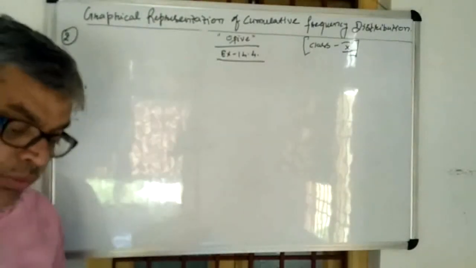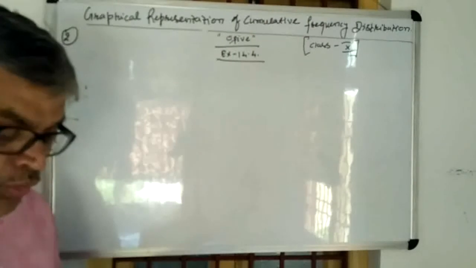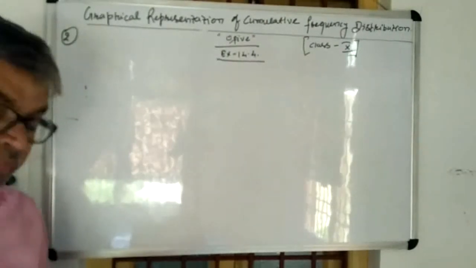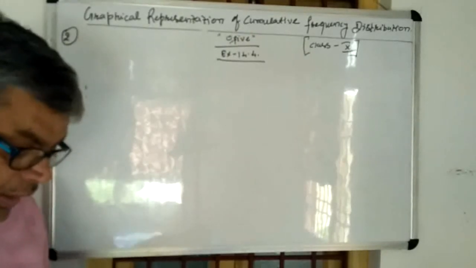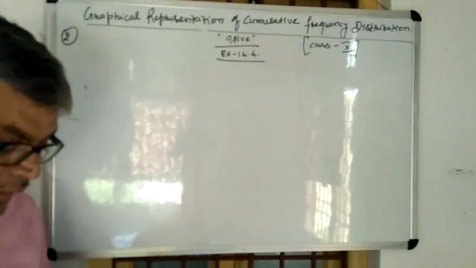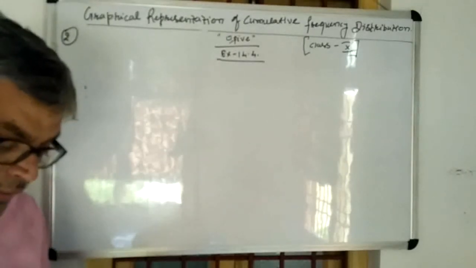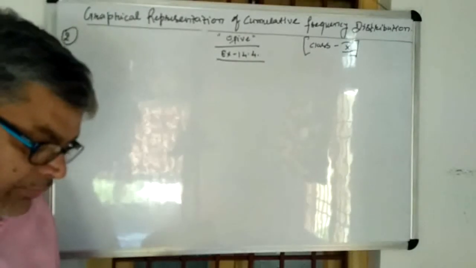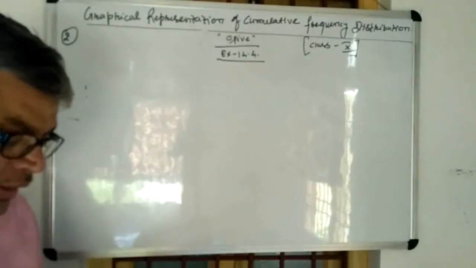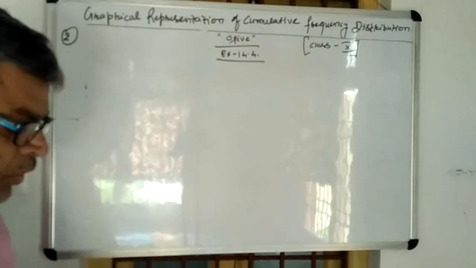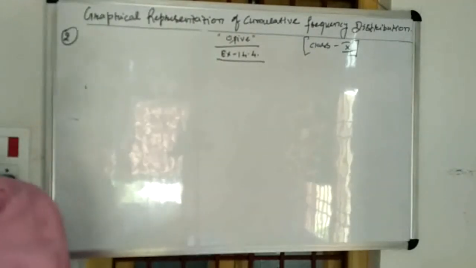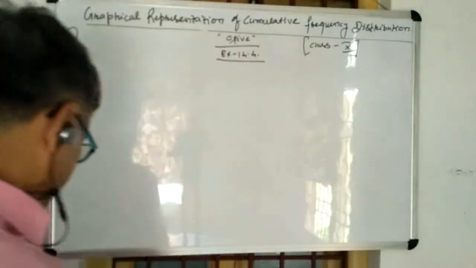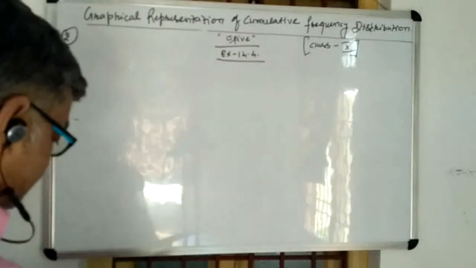The number of students is given accordingly: 0, 3, 5, 9, 14, 28, 32, and 35. You need to draw a less than type ogive for the given data, and hence obtain the median weight from the graph and verify the result by using the formula. The less than series is already given, so let's see how we can solve it.